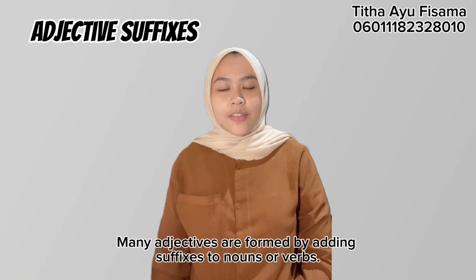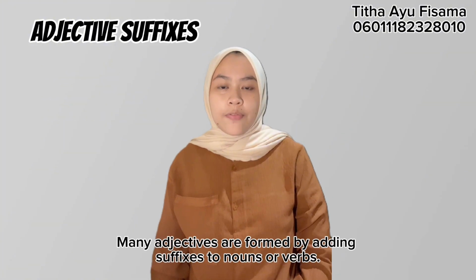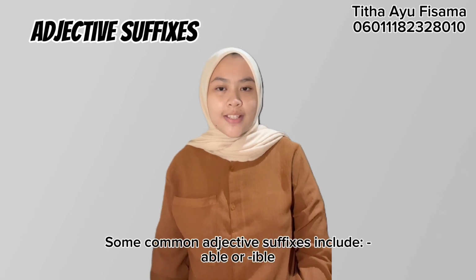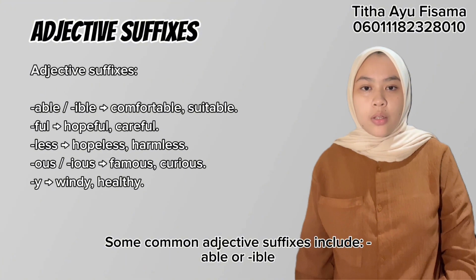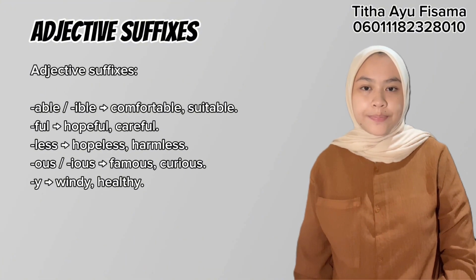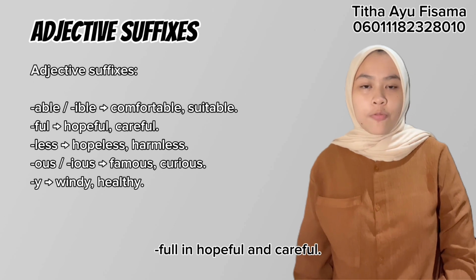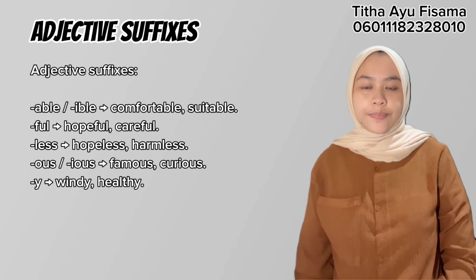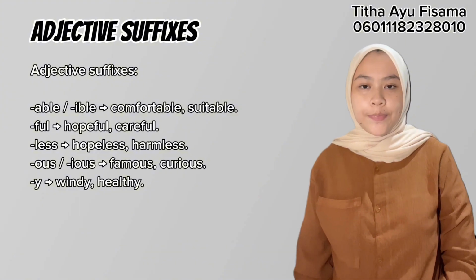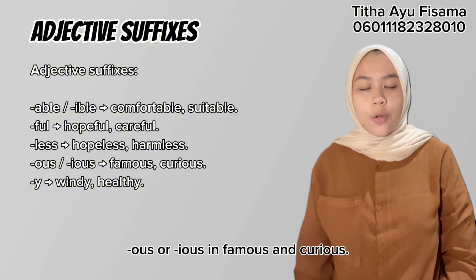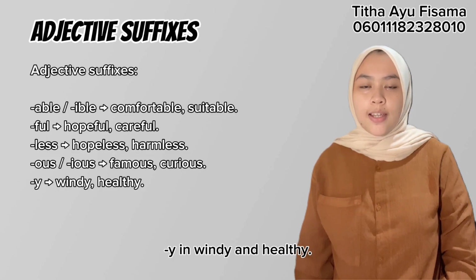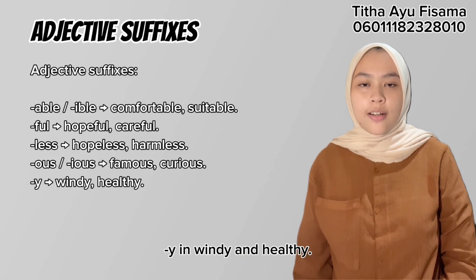Many adjectives are formed by adding suffixes to nouns or verbs. Some common adjective suffixes include -able or -ible in comfortable and suitable, -ful in hopeful and careful, -less in hopeless and harmless, -ous or -eous in famous and curious, -y in windy and healthy.